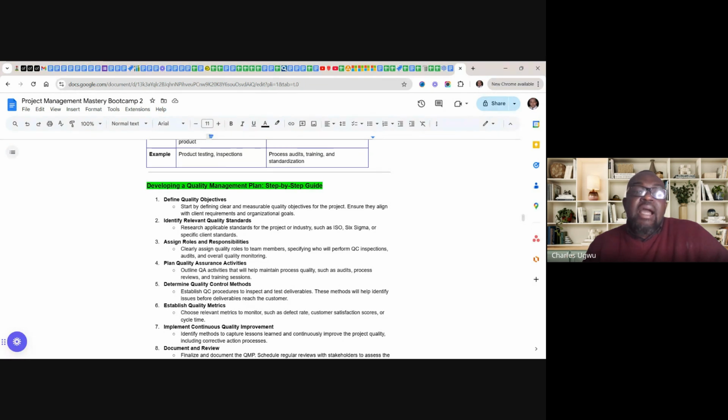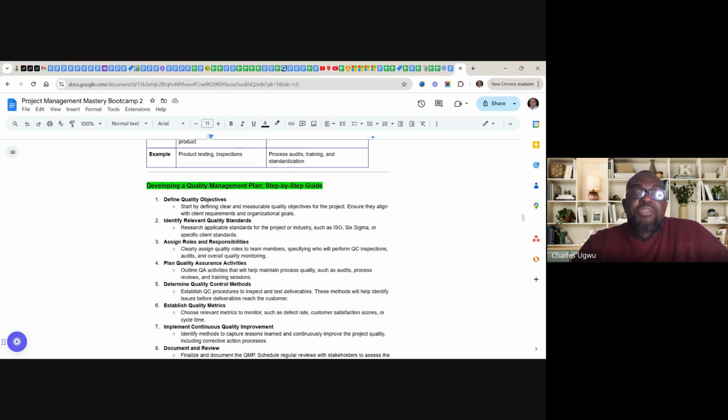Ensure they align with client requirements and organizational goals. Number two, identify relevant quality standards. Research applicable standards for the project or industry, such as ISO, Six Sigma, or specific client standards.